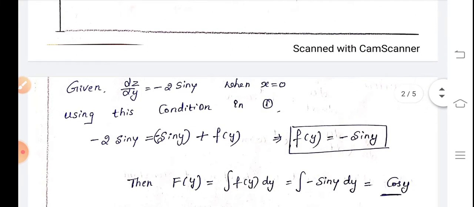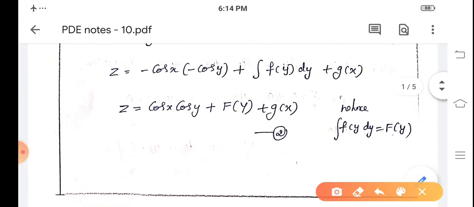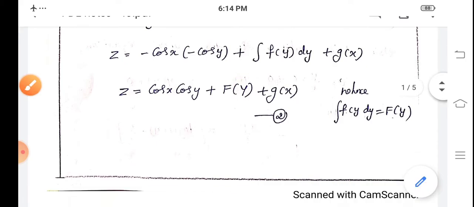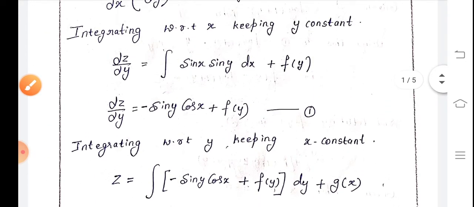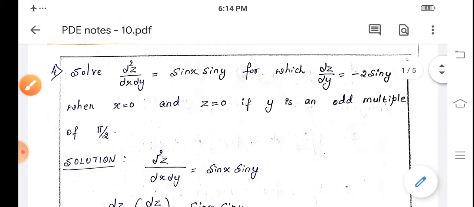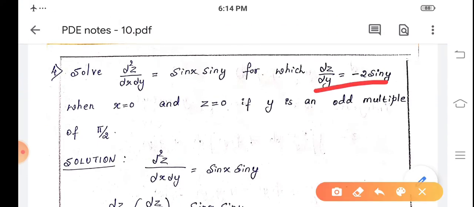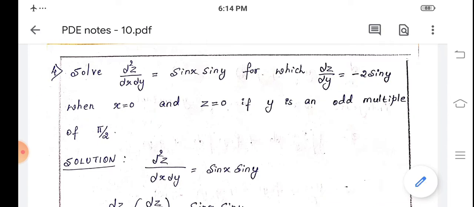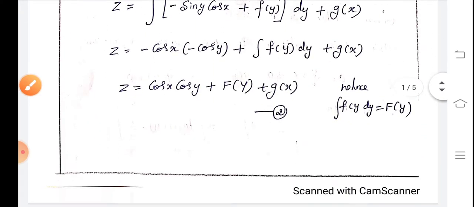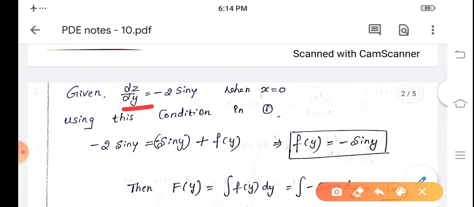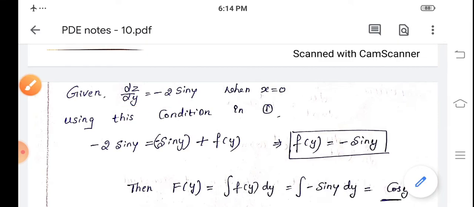Now, using the given condition, we can find f(y) and g(x). It is given that ∂z/∂y = -2 sin y when x = 0.